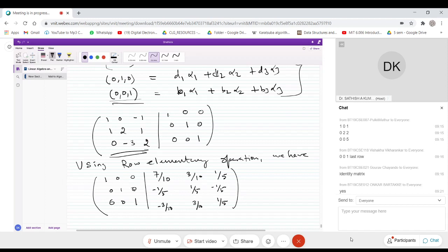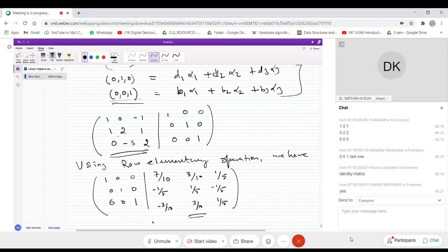So you make sure that this should be an identity matrix. Till that you have to do this operation. So this matrix should reduce to 1 0 0, 0 1 0, 0 0 1.